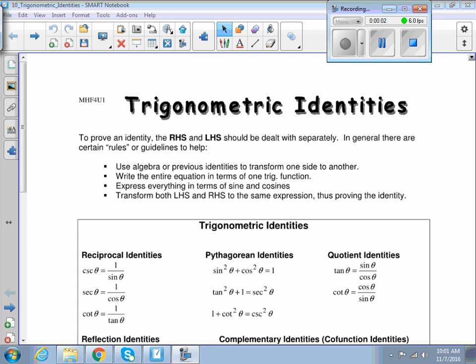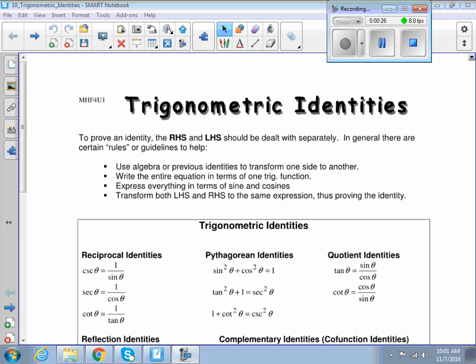Okay, so today we're going to look at the last part of this unit on trigonometric functions, and it's on trigonometric identities. Last year, you looked at trig identities and the process of doing them, which is the same process now as it was last year.